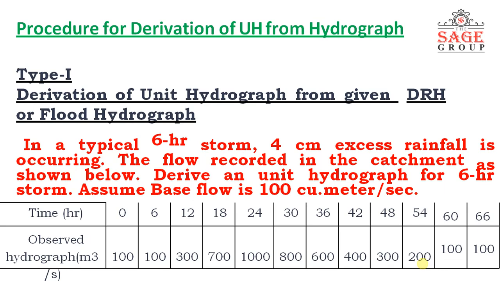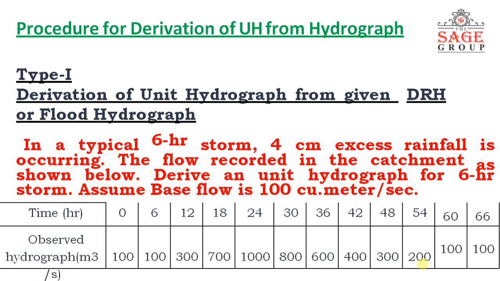Derive a unit hydrograph for 6 hours of storm. Assume base flow as 100 cubic meter per second. What we are given is a table in which one row is time, the other row is the observed hydrograph.